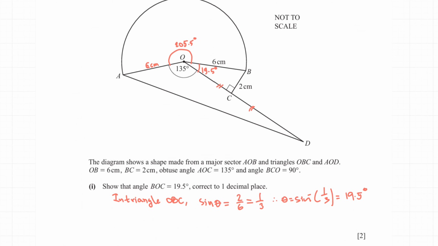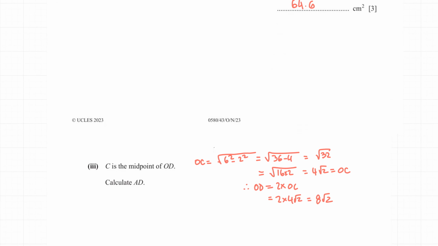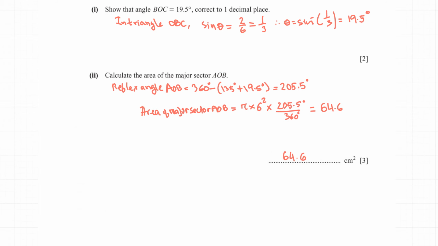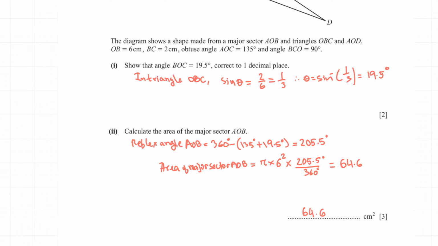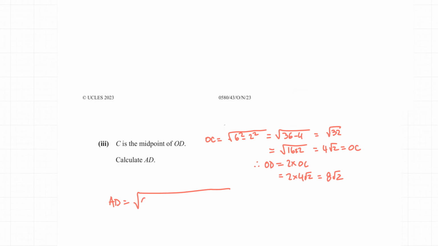So we can say that AD is equal to the square root of 6 square plus OD square, that is 8 root 2 square, minus 2 times 6 times 8 root 2 times cos of 135 degrees.